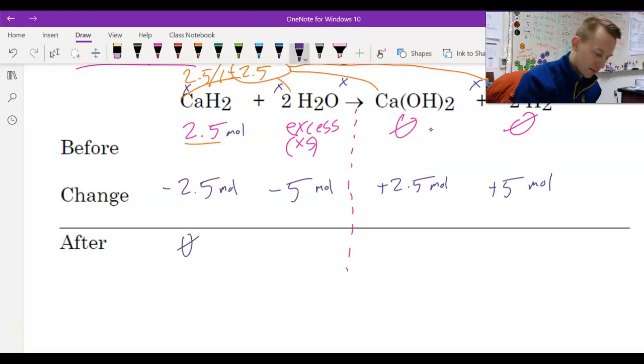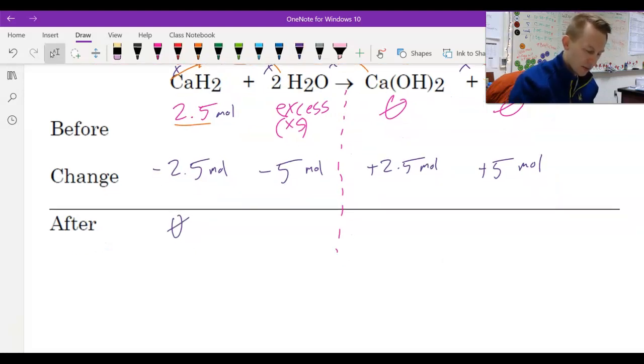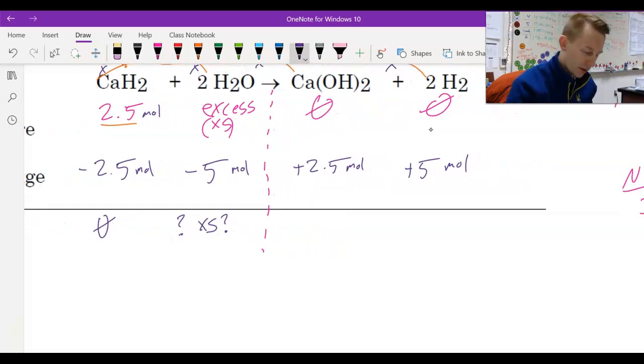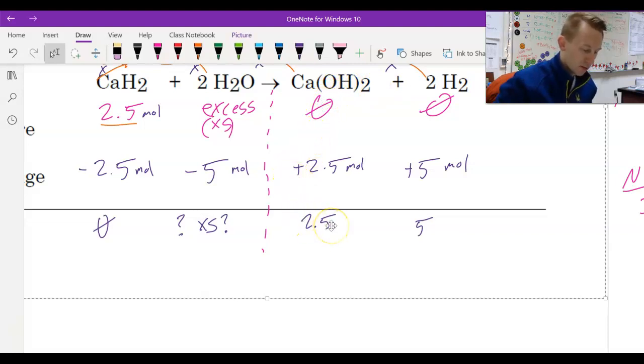We don't know how much water is going to be left, so we'll just say excess, since it depends upon how much we started with, which it doesn't tell us. Over here, this is easy: 0 plus 5 gets me 5, and 0 plus 2.5 gets me 2.5.